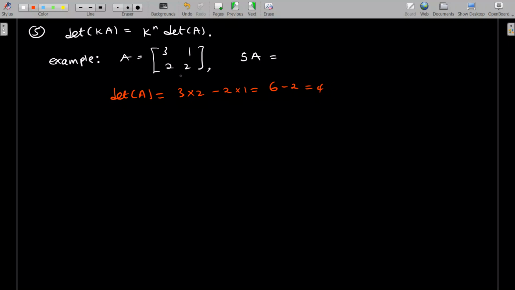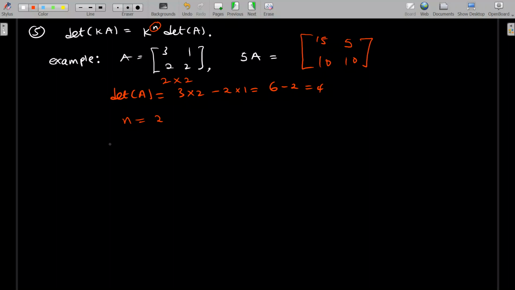So this is a 2 by 2 matrix, right? This n here is the dimension of your matrix. This is a 2 by 2 matrix, so n is equal to 2. And 5 times A means multiplying each entry in A by 5.